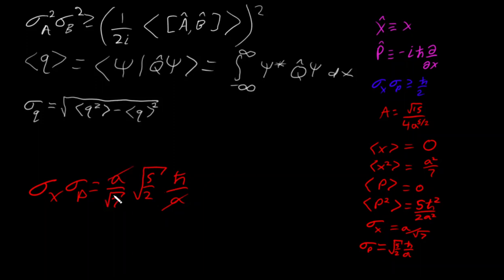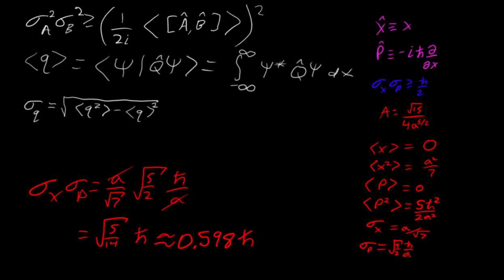And then we can combine, so root 5 over 2 times 1 over root 7 is going to be root 5 over 14 times h bar. Now, you may not know off the top of your head what the square root of 5 over 14 is, but thankfully I already know what that is. It's not exact, it's an irrational number, but it is approximately 0.598 h bar.